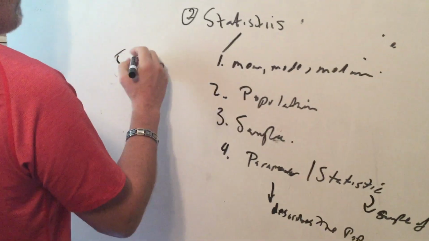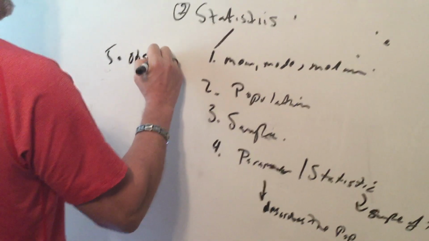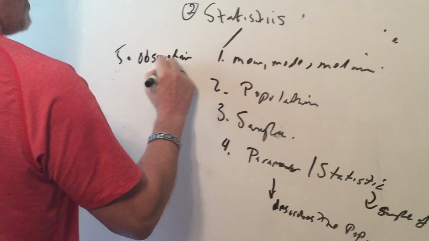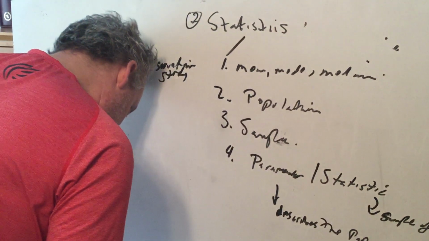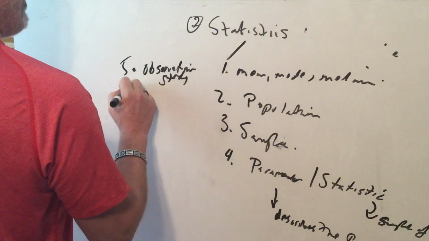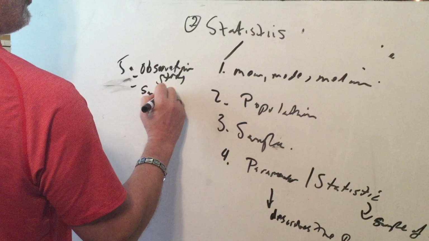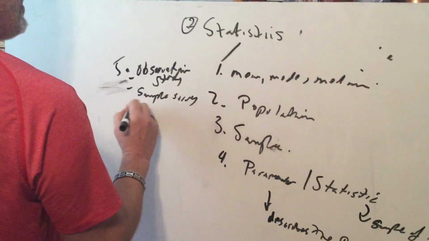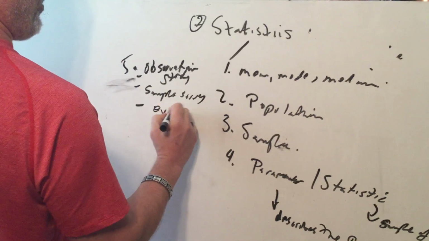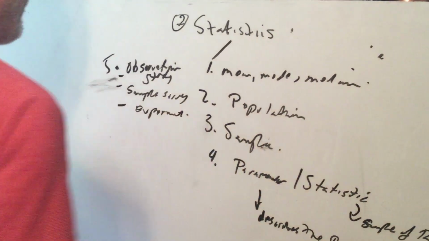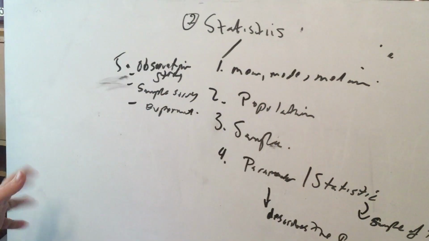Number 5, we had observation study, a sample survey, and an experiment. So what was the difference? An observation study is when you observe something.